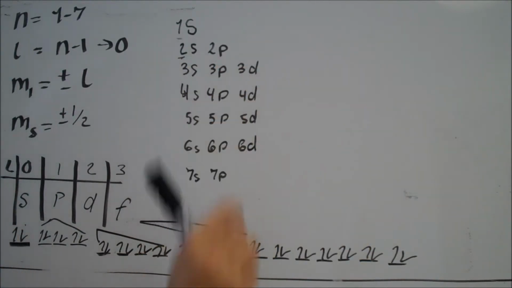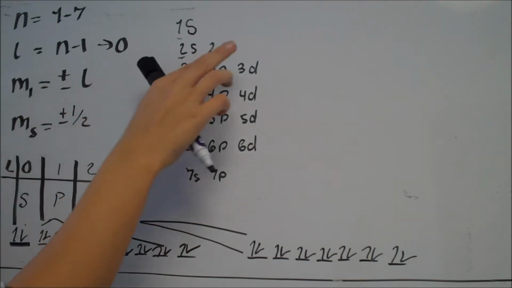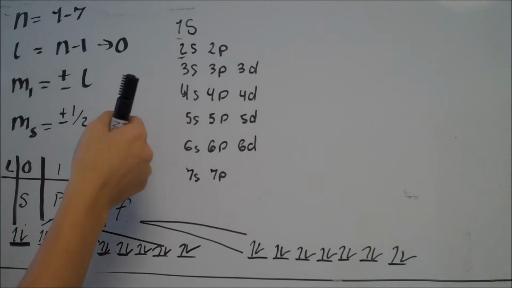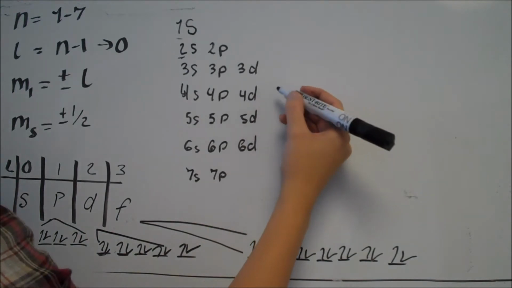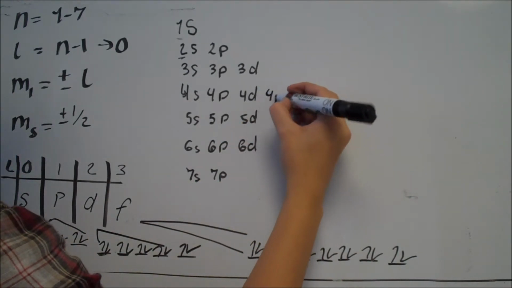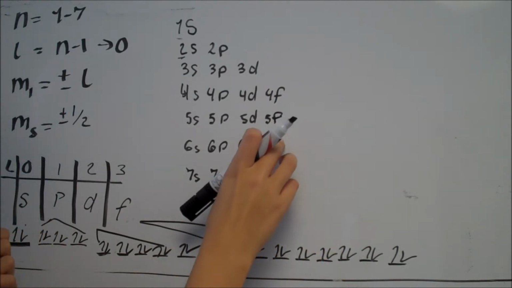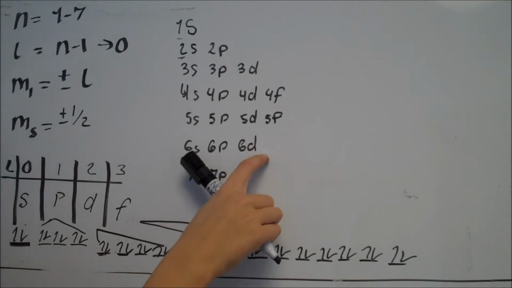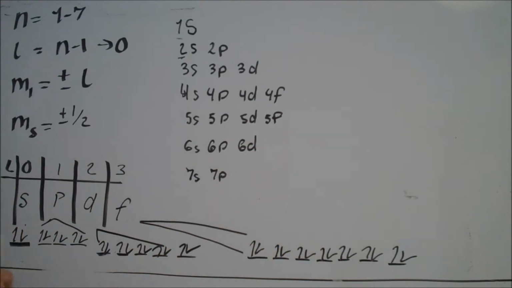We don't have a 2d orbital, as we repeated again: 2 minus 1 is 1, so we only have s and p. We cannot have a d orbital. And so forth, the pattern continues. Okay, this is 4f and 5f. And since we don't have elements that would fill up the next d or f orbitals, we just stop there.